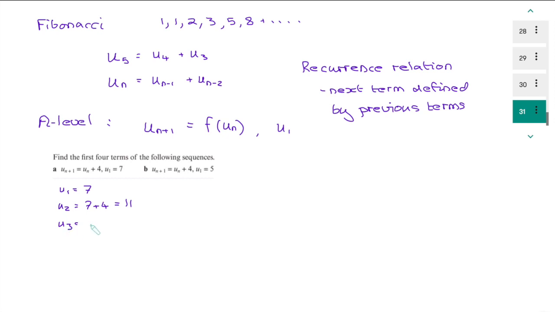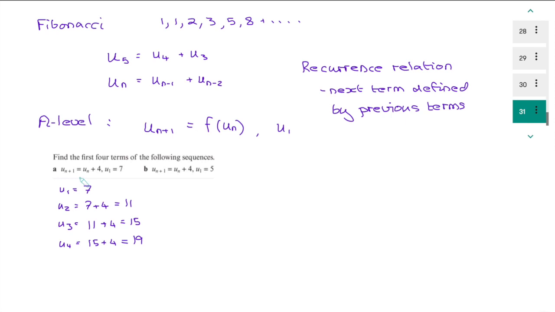So u3 is u2, 11 plus 4 equals 15. And u4, all I need to know here is u4 equals u3 plus 4, so 15 plus 4 equals 19.